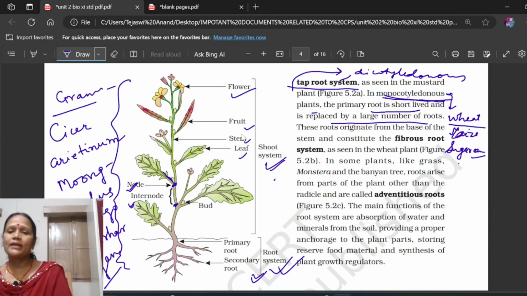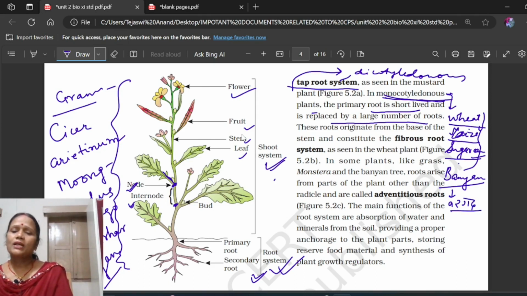And when you read about the external features of these plants, then you can find what type of roots are found there. Most common is the banyan tree. You can see the roots coming out from the stems, like this.